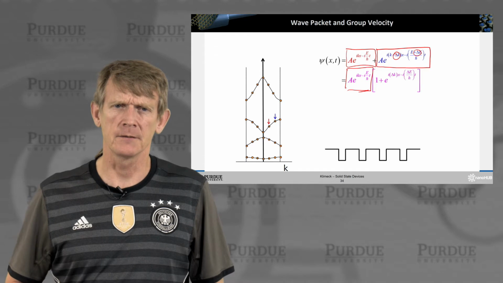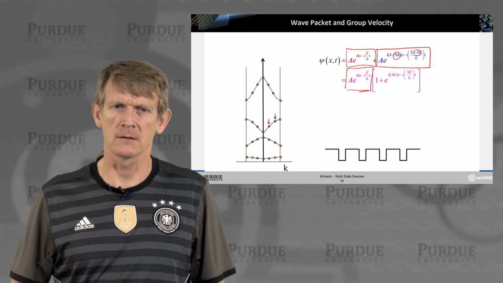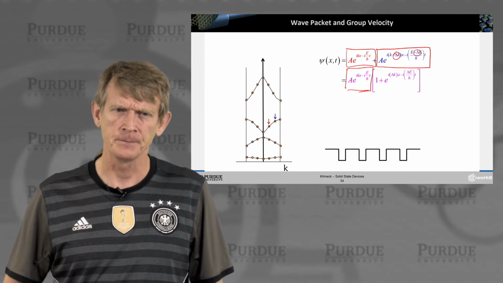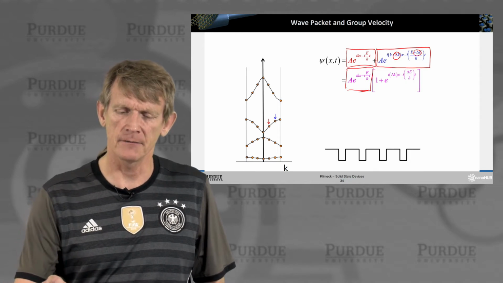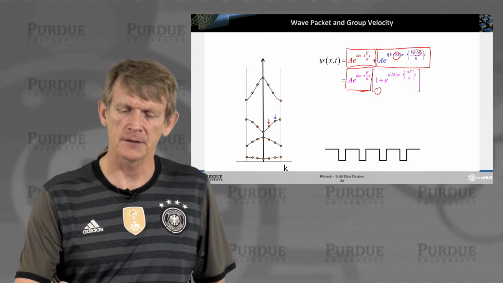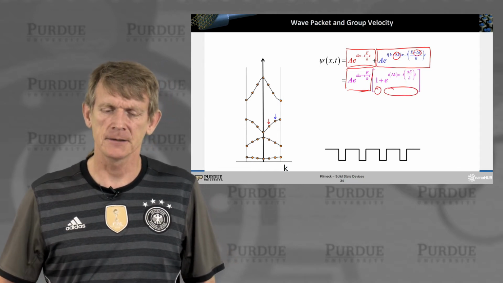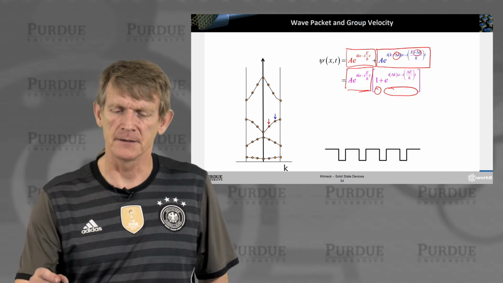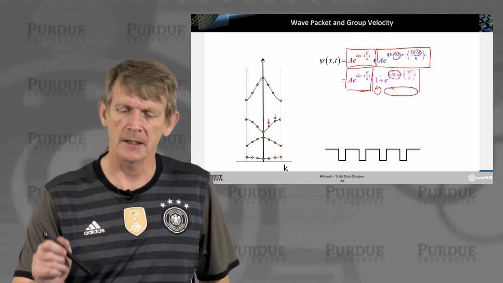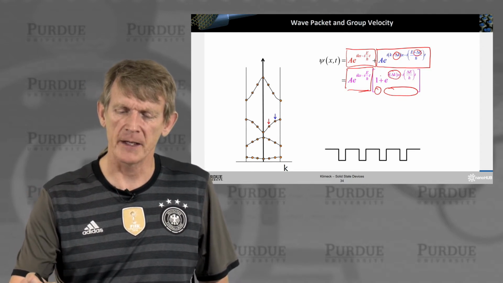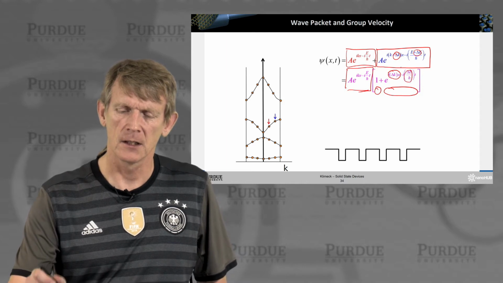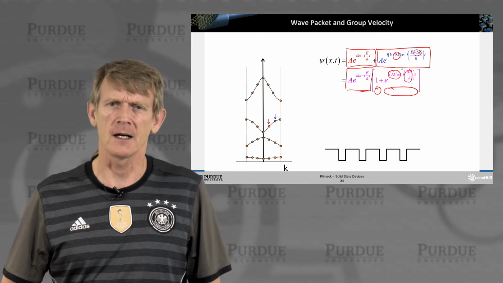If you do signal processing, you could call that a carrier frequency. And then you have two components to that, this component here and the larger component here. And you have a delta K as a propagating coefficient in space and a delta E as a propagating coefficient in time.